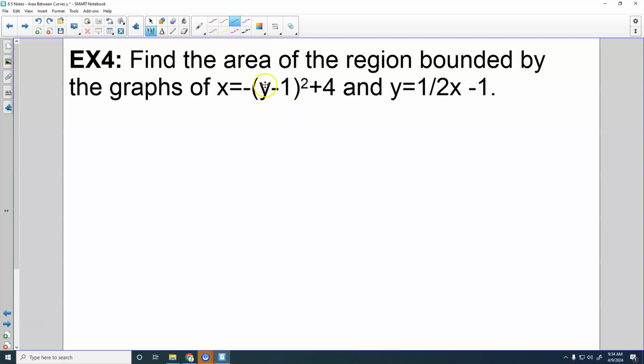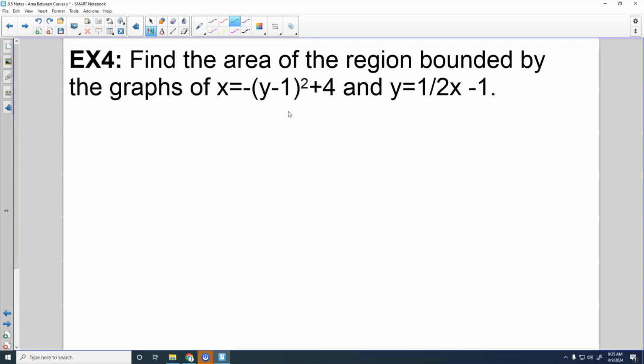It's up 1 because the y is the variable that you have in there. The 4 right here actually moves it to the right 4, and that negative means it's going to open to the left. I do want you to be able to recognize this is going to be a sideways parabola.